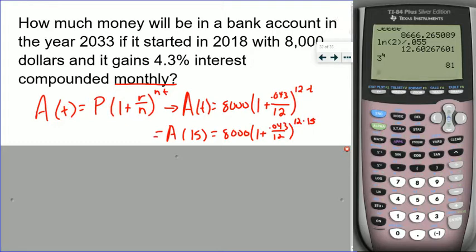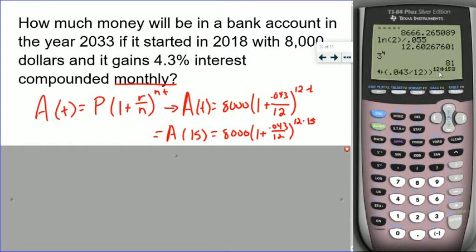All right? So again, careful with your parentheses. Start off with 8,000 times 1 plus the quantity 0.043, divide that by 12, close your parentheses for your fraction, close your parentheses for the entire quantity, caret to the 12 times 15 power.